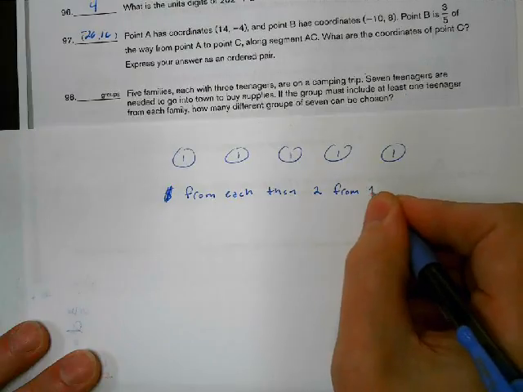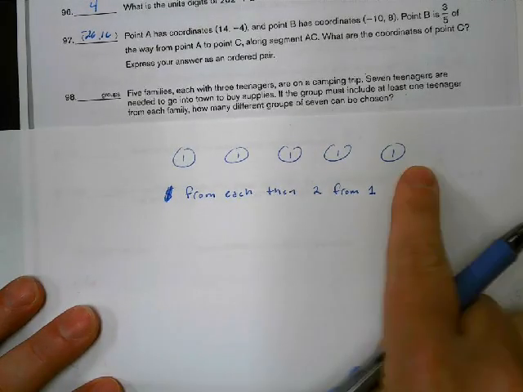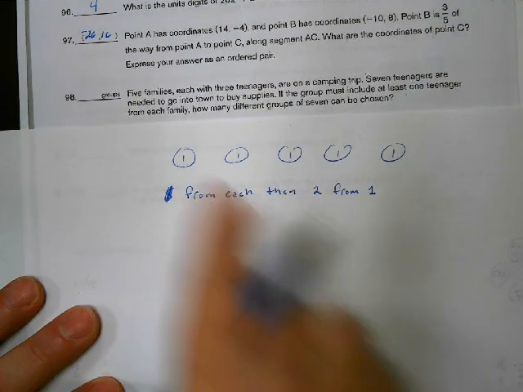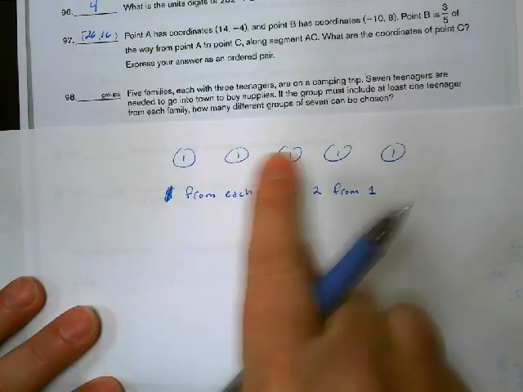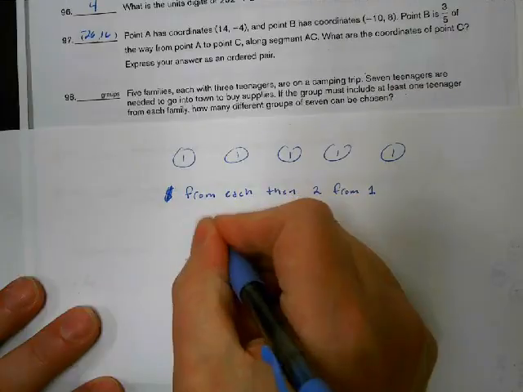Okay, so how many different ways are there for a full family to have 3 kids going from it? Well, there's 5 different ways. I could do all 3 from this family, all 3 from this family, all 3 from this family, all 3 from this family, all 3 from this. That's 5 ways. Now the other 3 families, how many ways are there to pick 3 from this one?